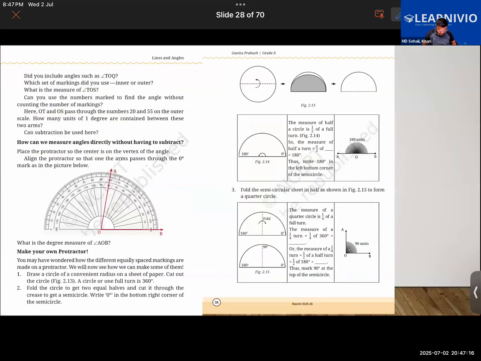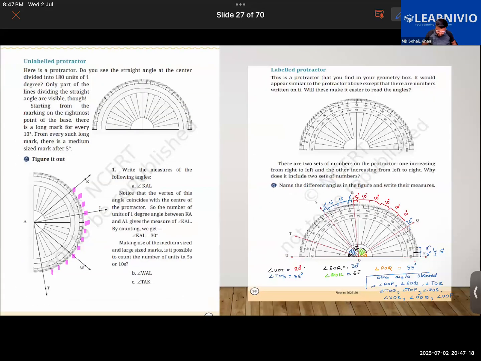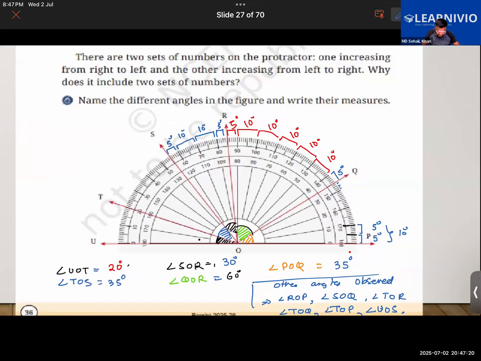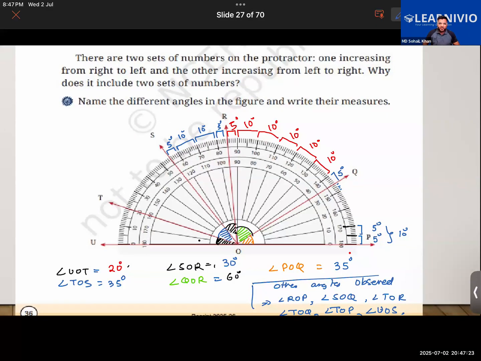So that is the thing over here. Also, one more thing if you guys were to notice here now. There's one more way to find the measurement of the angles here. That is by subtraction also. Let us understand how we can find it by subtraction. Look at the arm OP and arm OQ.